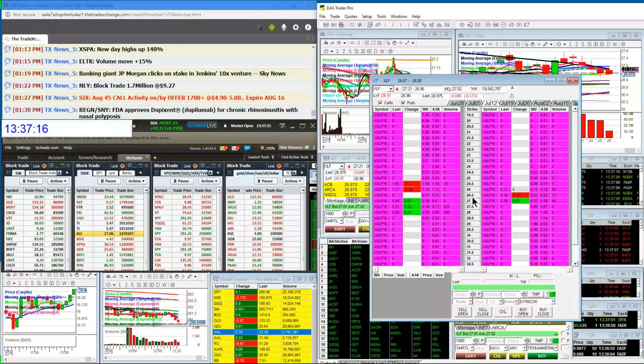I'm sorry, wrong one, my bad. 26.50 is 22 cents. I put my glasses on. Okay, these guys are very similar in price to these guys if I was doing a strangle, which I'm not. So I like these 26.50 puts. In fact, I may put some of these on before the end of the day.